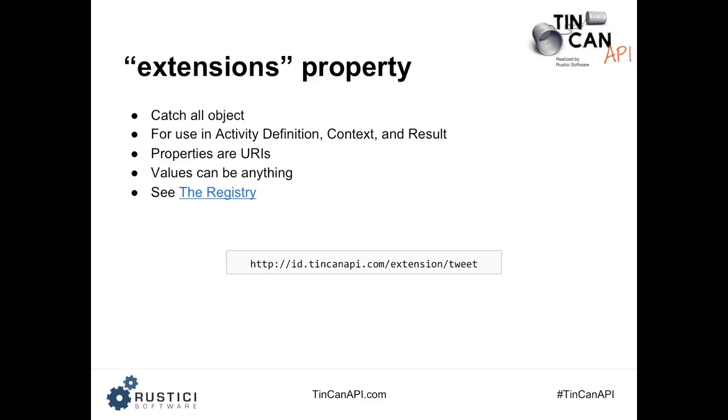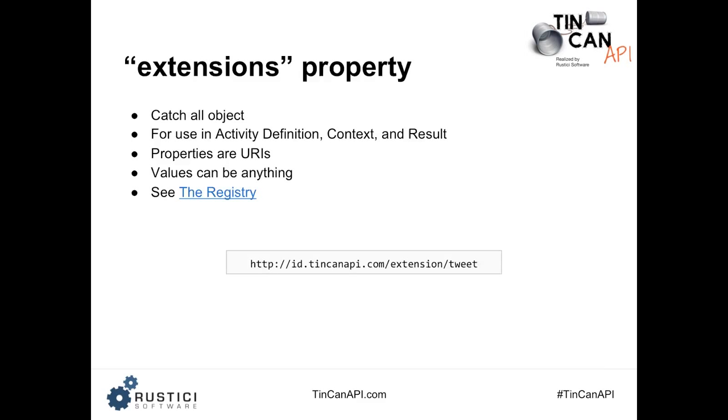So a property must be an actor, or it must be the word verb, or it must be the word object. In this case, we're saying that the properties are completely open within the URI space. The values then can be anything, and those values are dictated by whoever coins that particular extension. Again, this is where the ownership comes back into play.